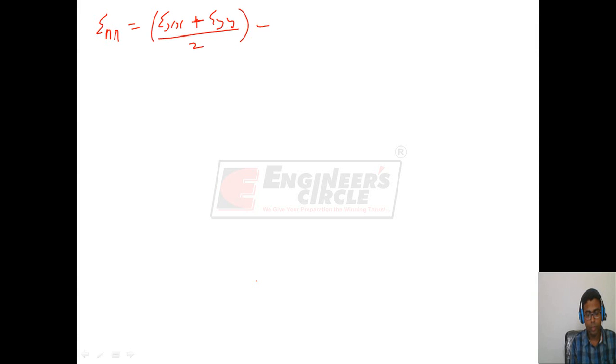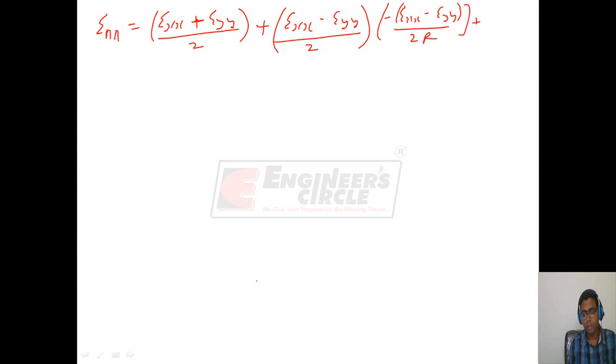So again epsilon nn is equal to (epsilon xx plus epsilon yy) by 2 plus (epsilon xx minus epsilon yy) by 2 into cos 2 theta, which is minus (epsilon xx minus epsilon yy) by 2r, plus gamma xy by 2 into minus gamma xy by 2r.